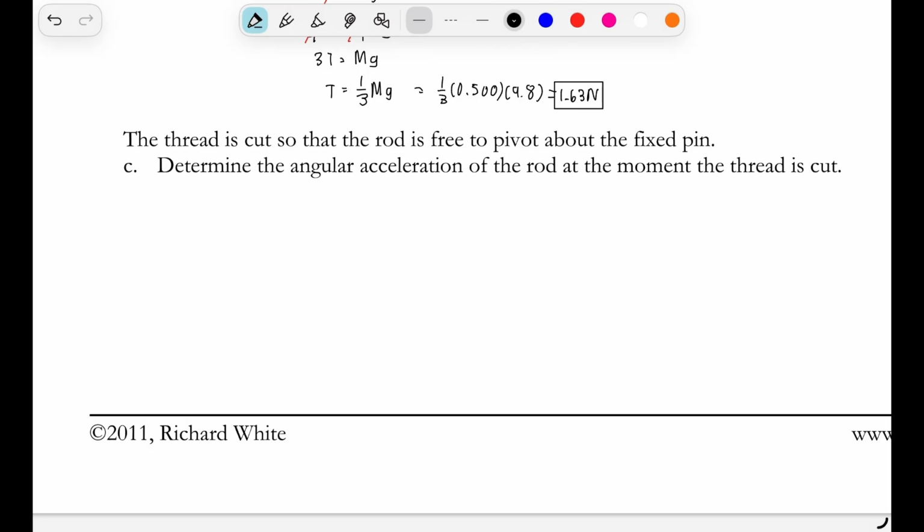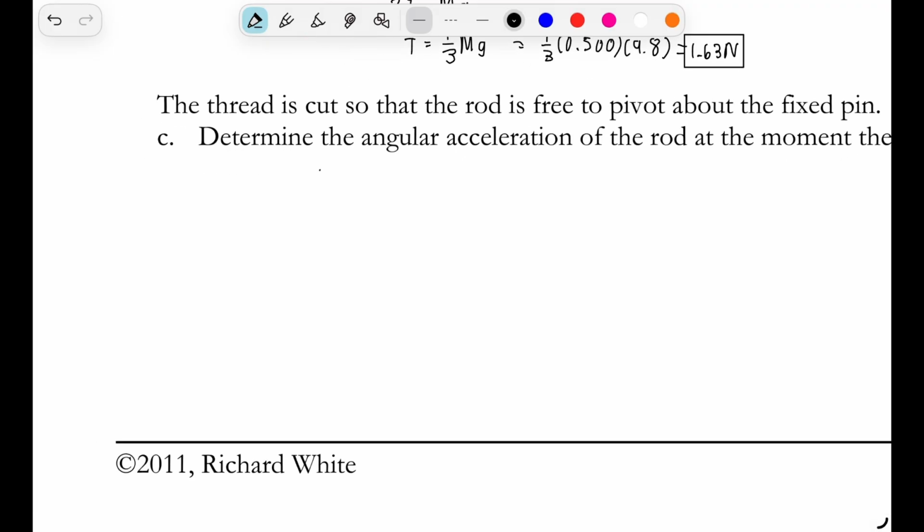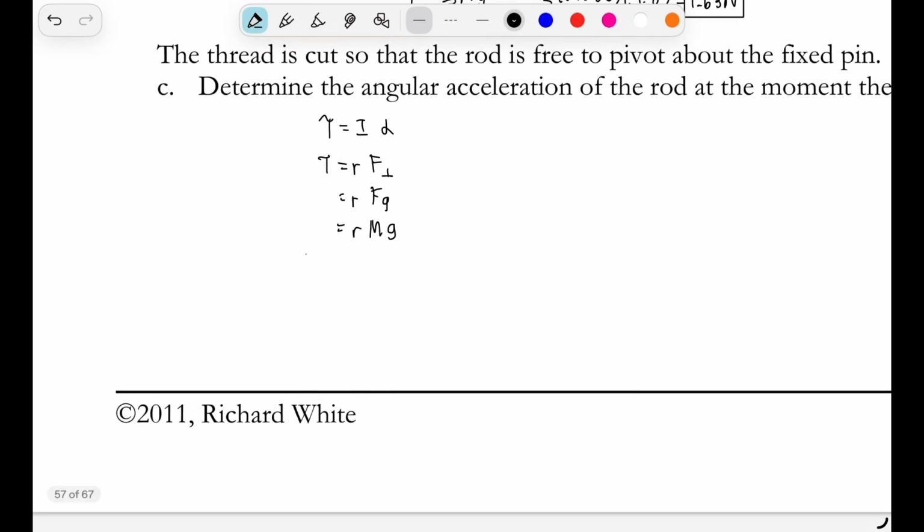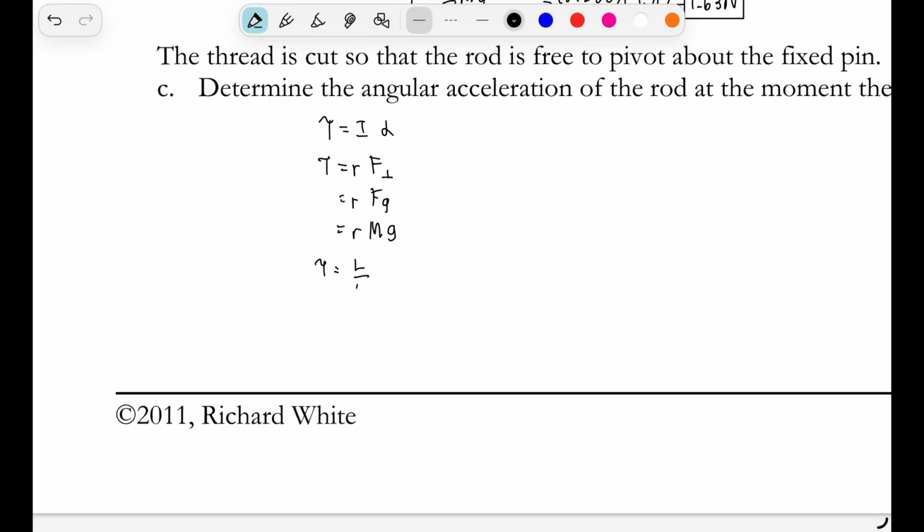The thread is cut so that the rod is free to pivot about the fixed pin. Determine the angular acceleration of the rod at the moment the thread is cut. So we know that torque is equal to inertia times angular acceleration. And we can write our torque as equal to R times your perpendicular force. The perpendicular force is Fg, which is equal to mg.